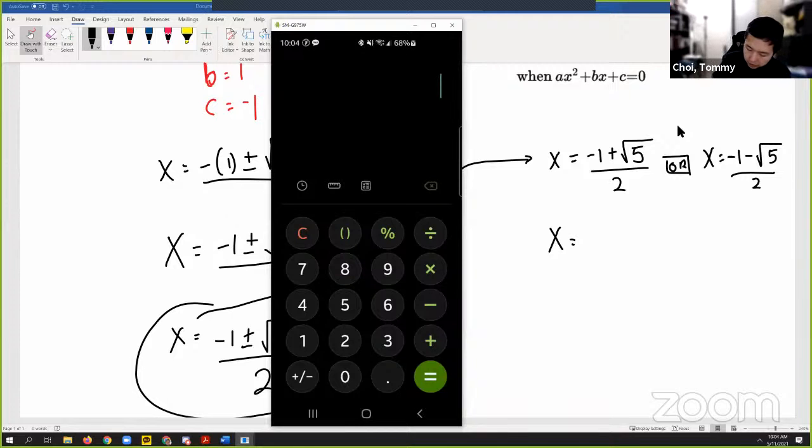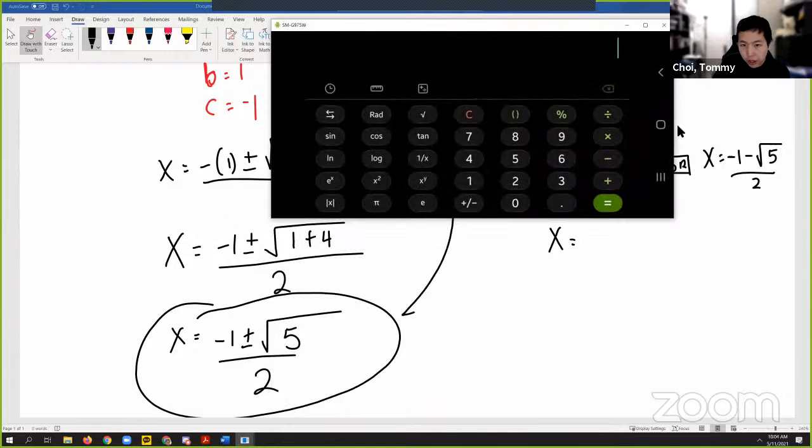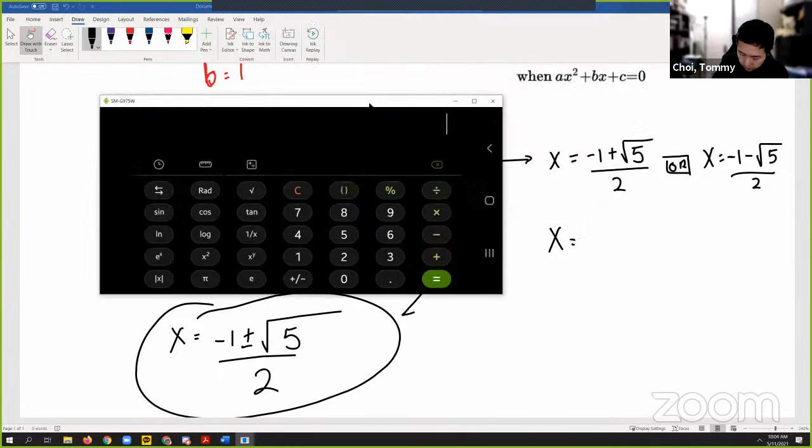You can do this all at once. So if you do this all at once here on an Android phone, it's very easy, right? You can type it exactly as is. But so you can technically do like -1 plus square root 5 divided by 2. That would get you your answer. But let's take it slow.